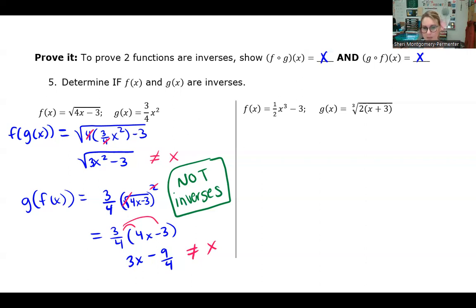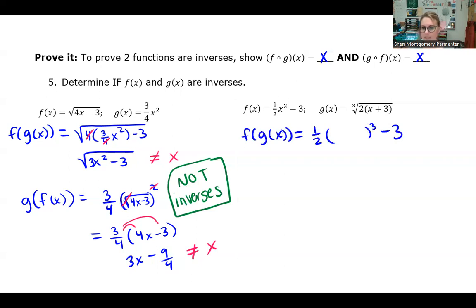So first I'm going to plug in f of g of x. You could do it in the opposite order. It doesn't really matter. So I'm going to write the f function, and where I see x, I'm going to leave myself a space. Oops, it's not squared. It is cubed.